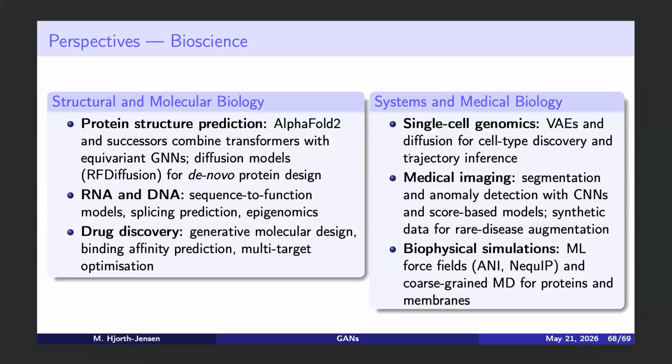Single cell genomics, actually variational autoencoders and diffusion models are very, very popular models there. Medical imaging, CNNs. I'd say this, if you think of the kind of societal immediate benefit of deep learning methods, I would say medical imaging is really one of them.